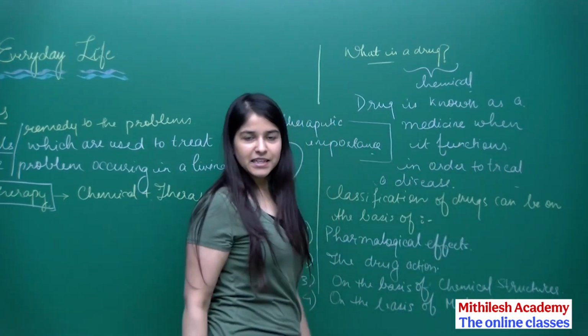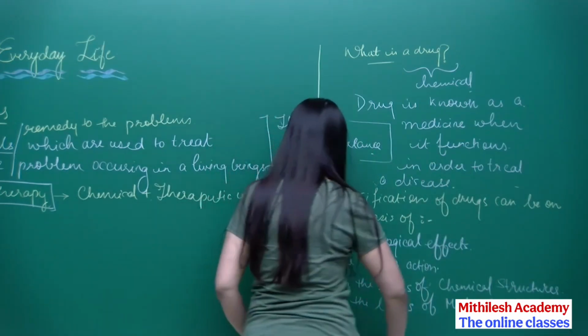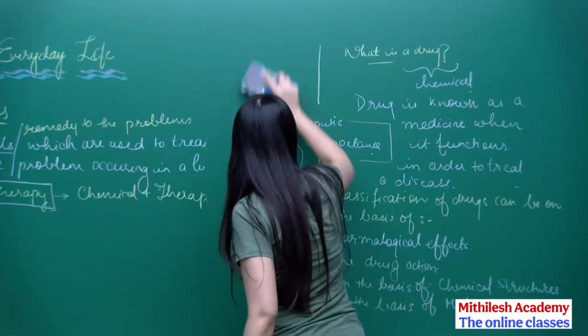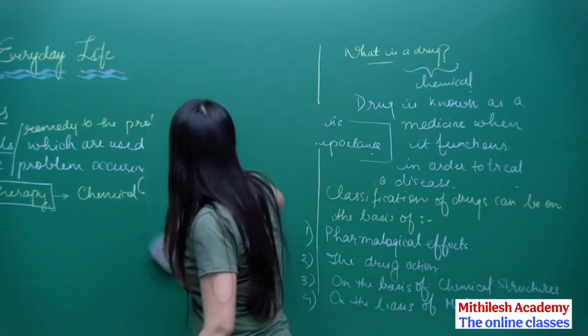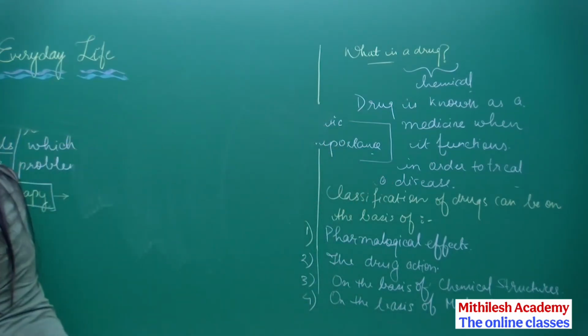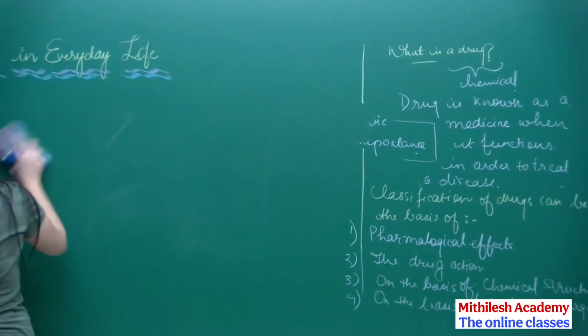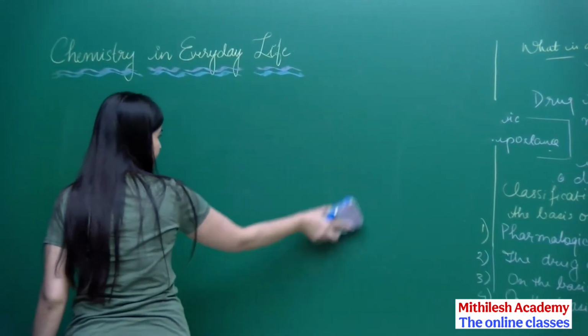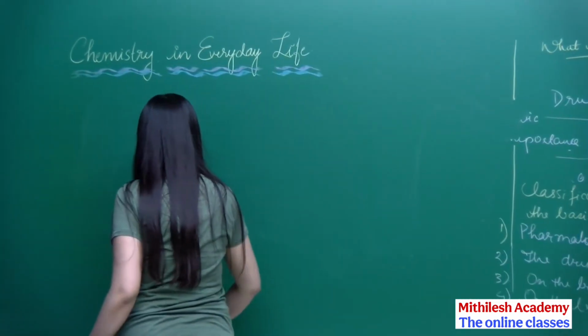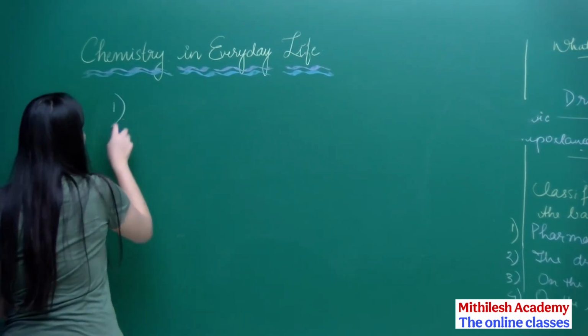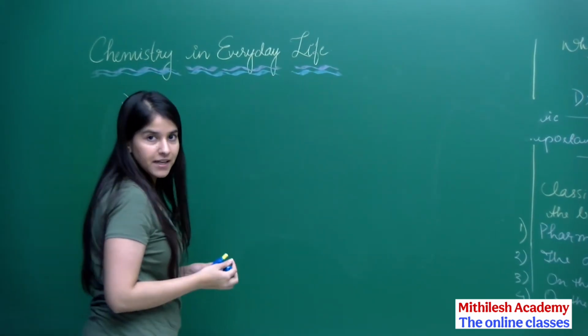So let's discuss these one by one. I hope you all have now got an idea about the examples that we can have in each of these cases. So first one is pretty easy. First is the pharmacological effects that we can have.